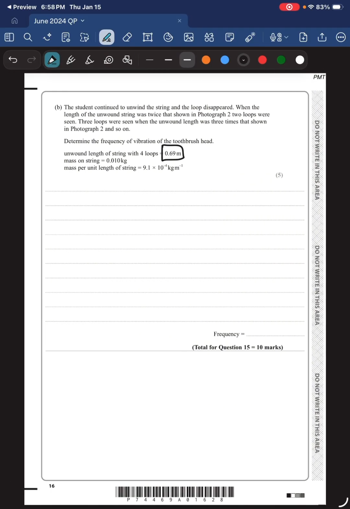Okay, what else can we use? The weight of this string is m times g, which is 0.01, which is the mass, times 9.81, so 0.098 newtons. And this is equal to the tension on this string, right? Because the weight provides the tension.